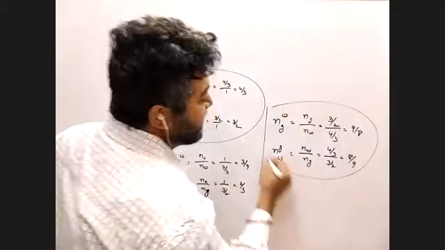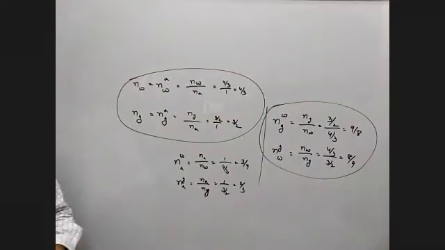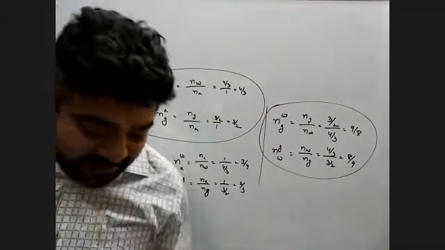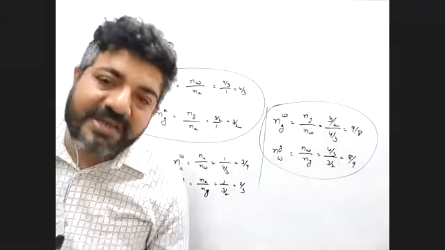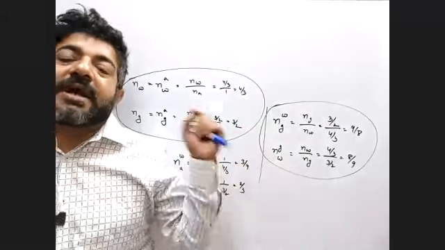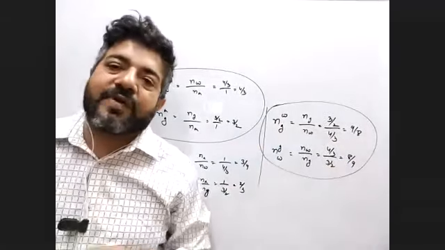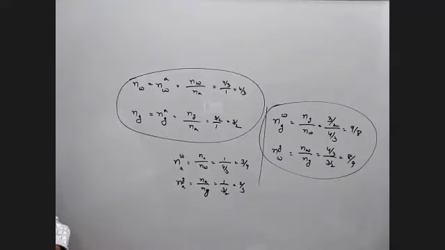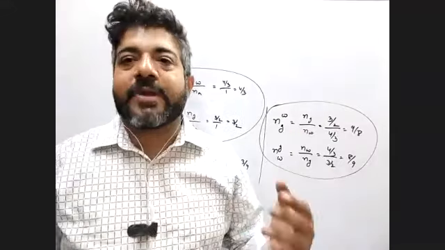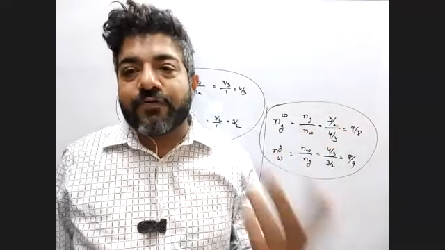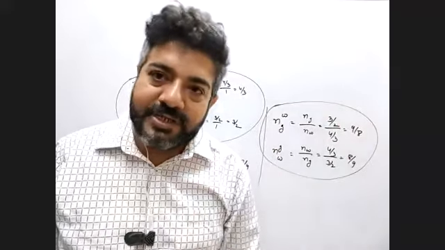So what we realize, see, the relative refractive index can be greater than 1, and it can be less than 1. But absolute refractive index, meaning any refractive index with respect to air, is always greater than 1. That's why we suppose air is 1 and compare with respect to that.